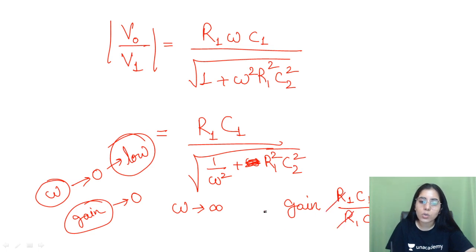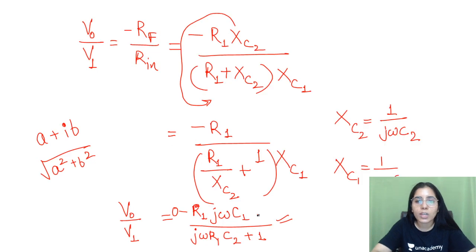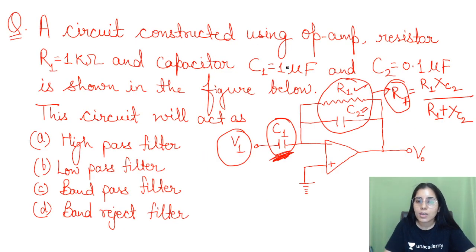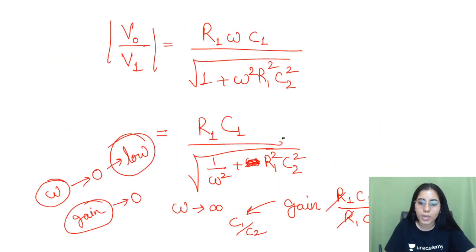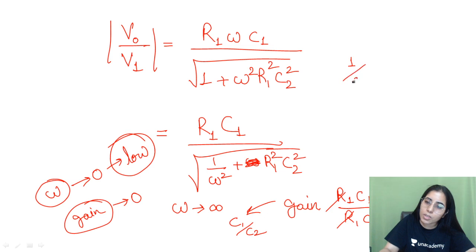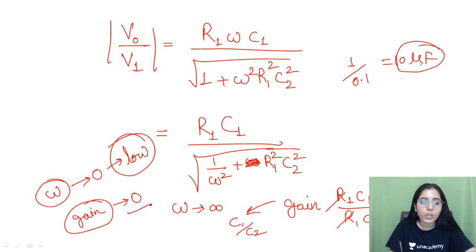R1 cancelled out. The gain you are getting is C1 upon C2. What are the values? Look at this. C1 is 1 microfarad and C2 is 0.1 microfarad. So 1 upon 0.1 means 10. So you have got this value now. The point is, earlier you were getting 0, now you have got 10.